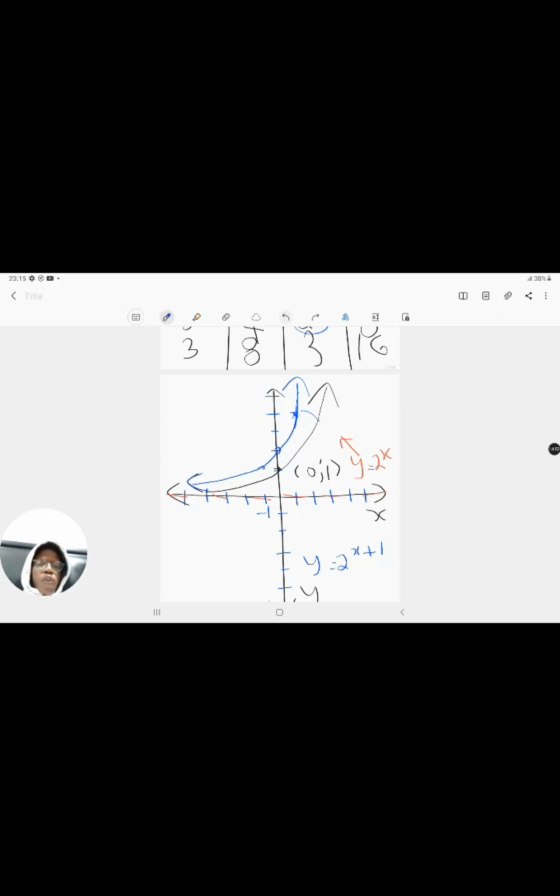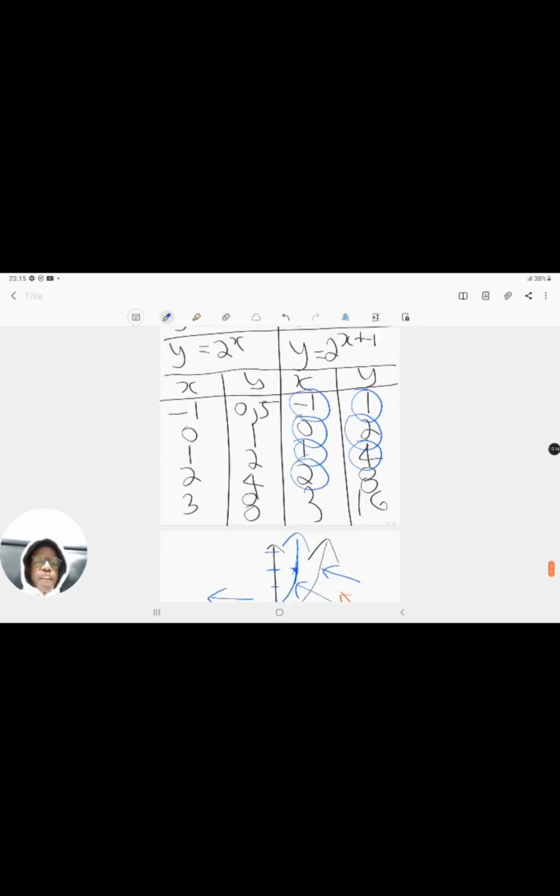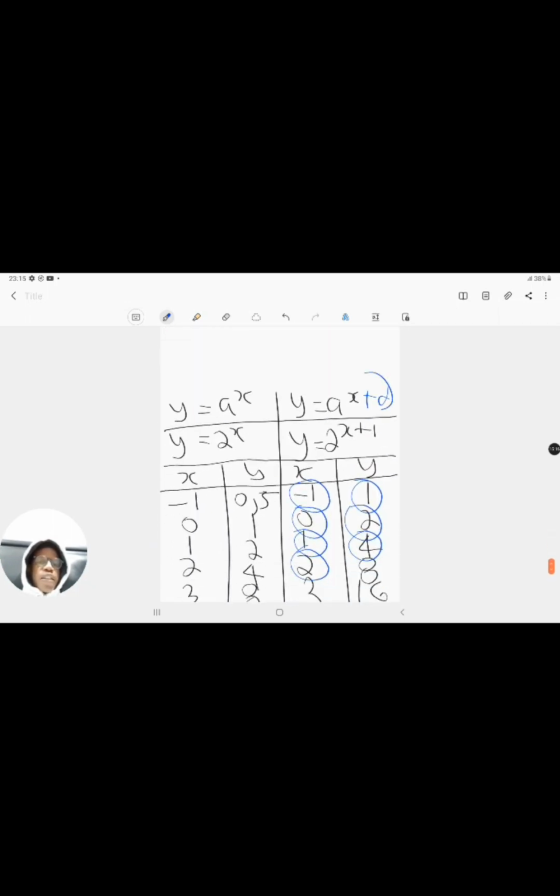So you've got your original graph in black, you've got your new graph with the variation in blue, and the graph in blue has been displaced to the left by 1 unit, and that is essentially the effect of that D there.